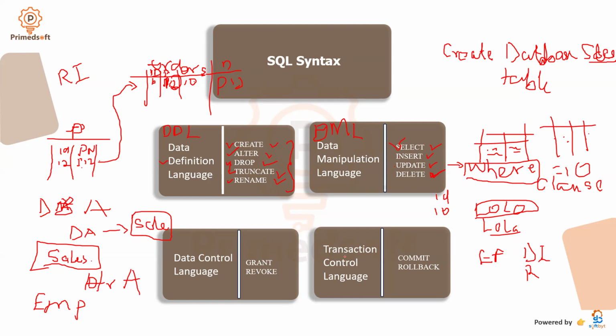The last one here is transaction control language, TCL. Let's say you have different persons who have access to the database. As a DBA, you have permission to do everything. So you went to another table and eventually removed this with code.